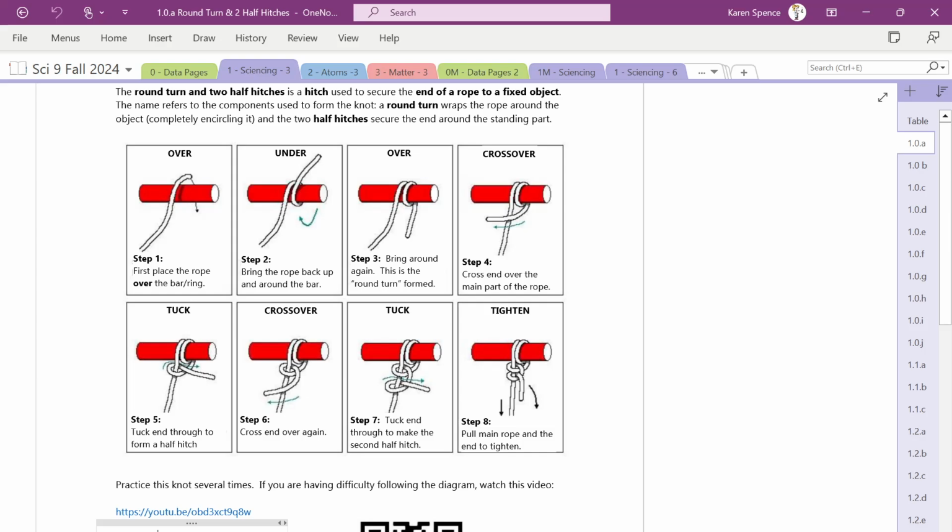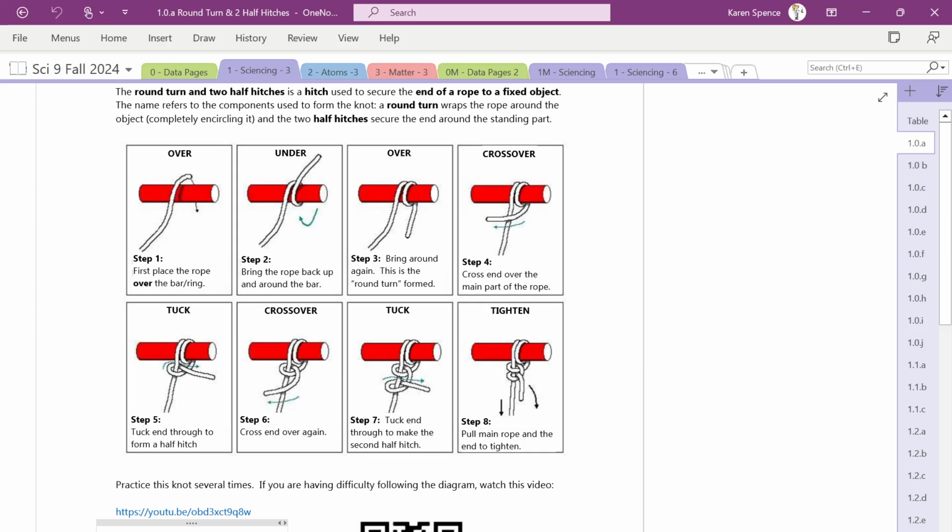So for each lab bench, if there's 2 people at the lab bench, you are going to get 1 ring stand, and the ring stands are back here.